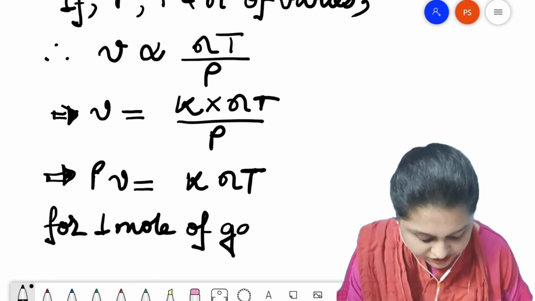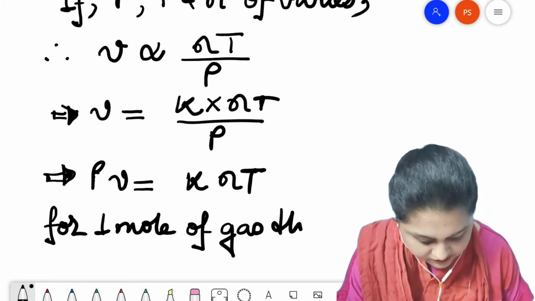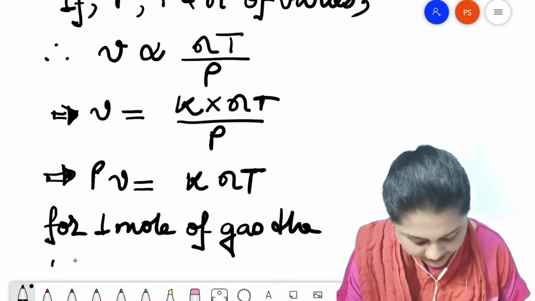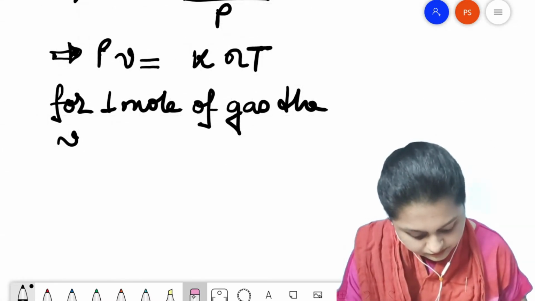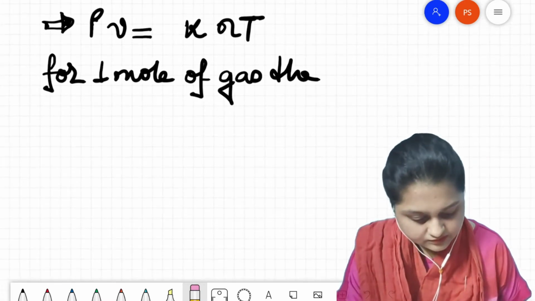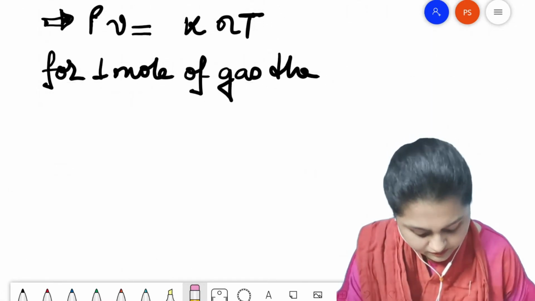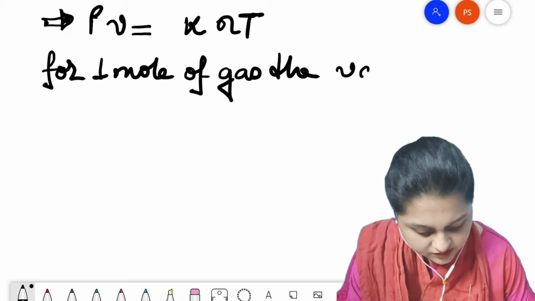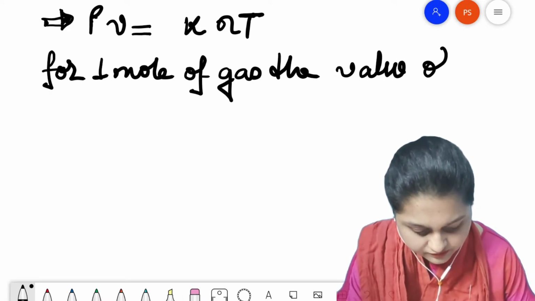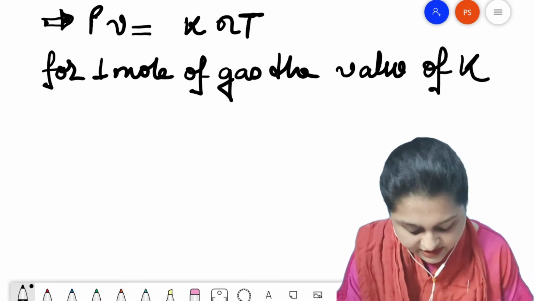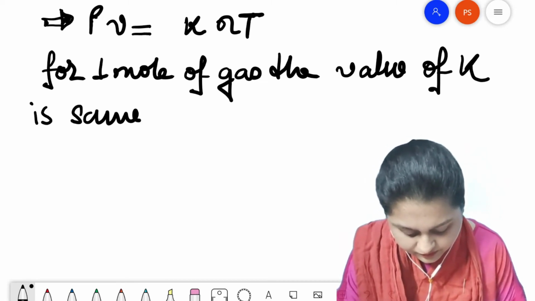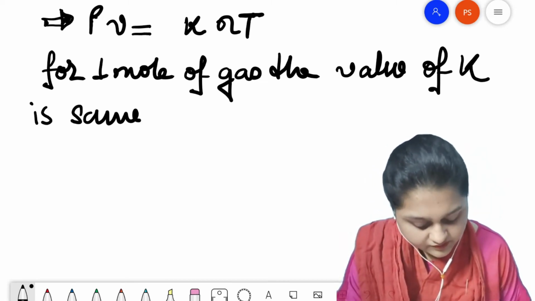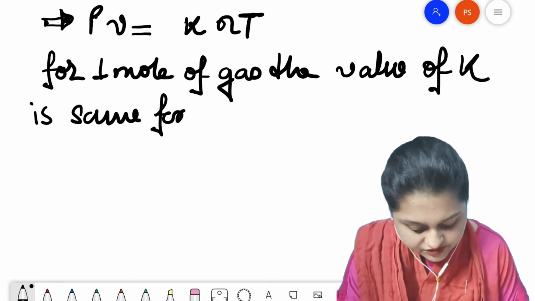Now, K is the proportionality constant and it has been found that for 1 mole of gas, the value of the proportionality constant K is the same for all gases.